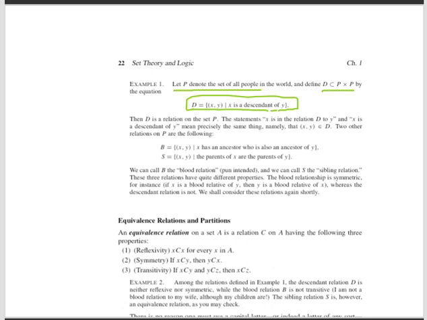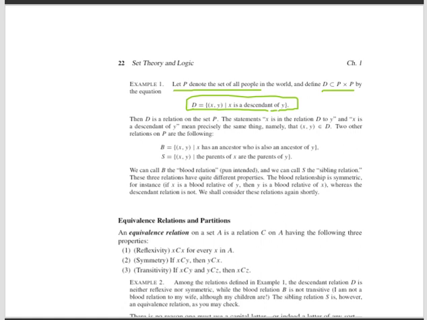Muhammad bin Zayed: Muhammad is the son of Zayed. Karim ibn Mahmud: Karim is the son of Mahmud. Karim has a relation with Mahmud. Okay, this is a relation on the people.